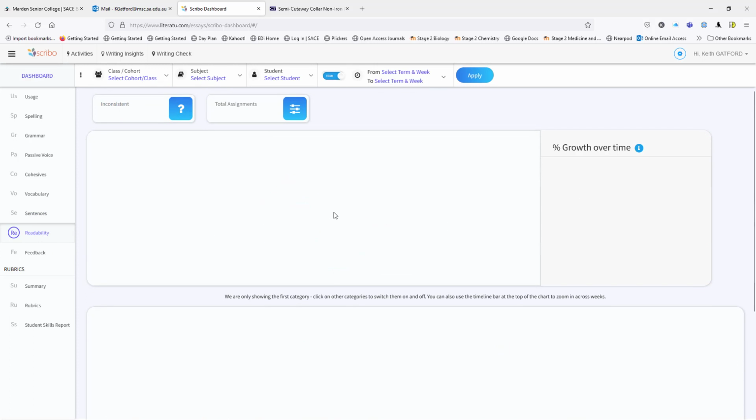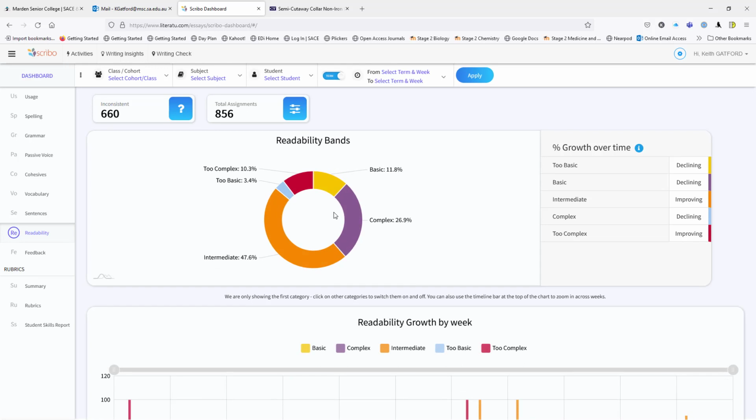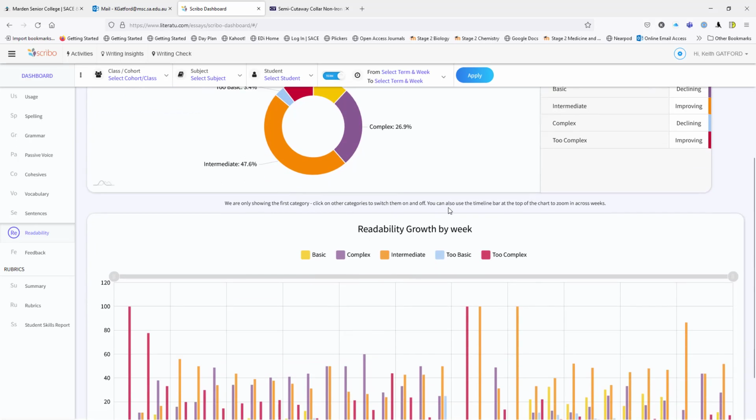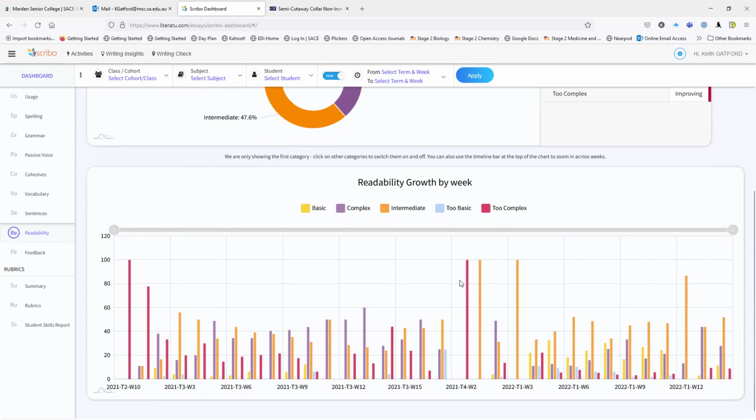In terms of readability, so the breakdown here, you can see that term 4 last year again, there was a spike in sentences being too complex. And again, that was those students trying to process their final pieces of work before submitting them and sending them off to SACE.